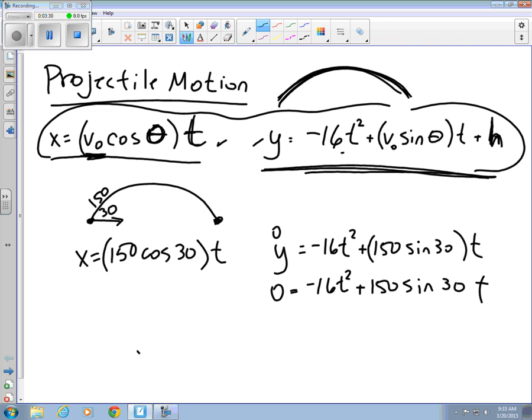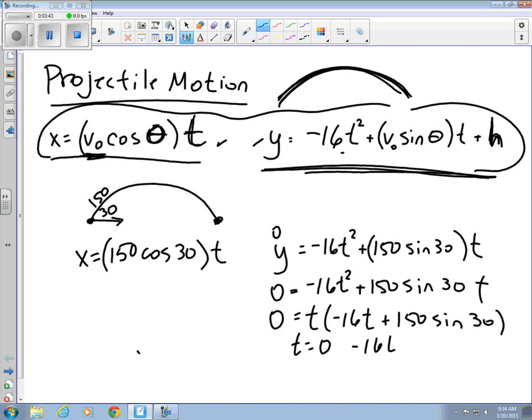And I'm going to solve. Probably the easiest way to solve here is to factor out the t: t times (-16t plus 150 sine 30). So either t equals 0 or -16t plus 150 sine 30 equals 0. t equals 0, yes, at time 0 my height was 0. There it is.